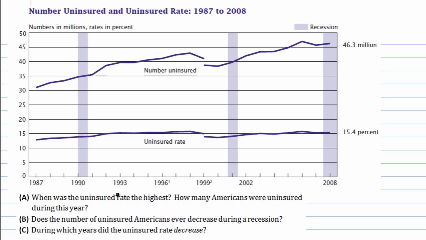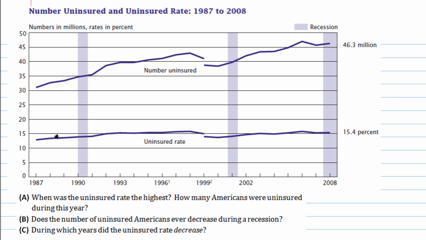And in this case, I'm looking at the fact that you have two different pieces of data represented on here. You have a number of uninsured within the US, and then you have an uninsured rate. And by the way, these are health insurance. The number of uninsured is in millions, and the rates are in percents.